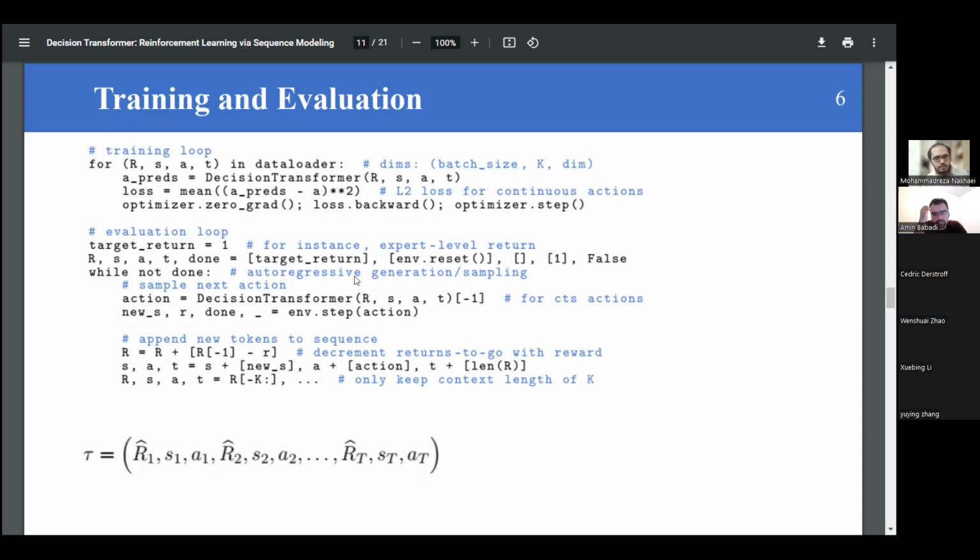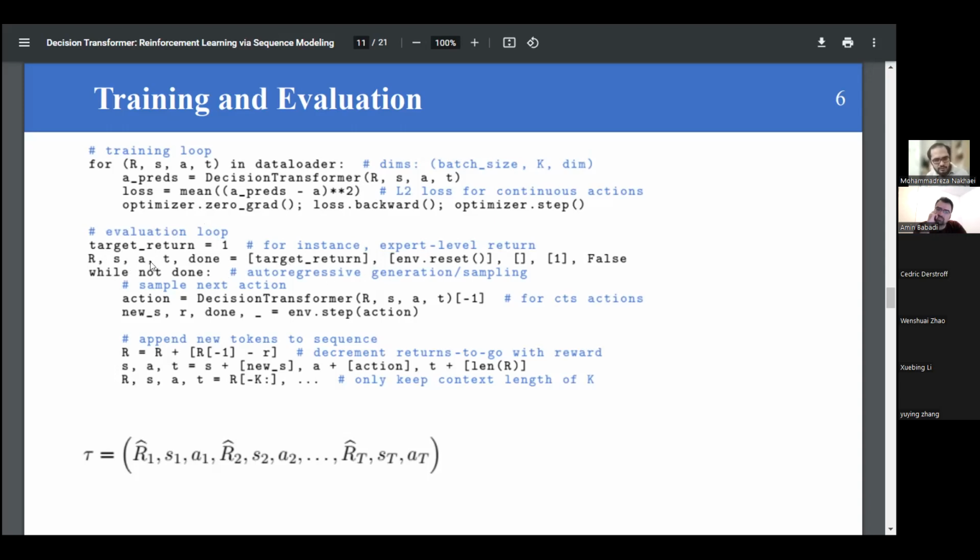For the evaluation of the performance of this decision transformer, we have a target return. For example, here is one, but for every environment, it can be different. It's actually the return we want to reach at the end of the episode.